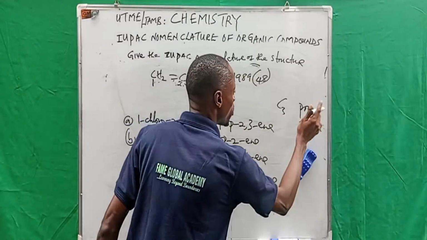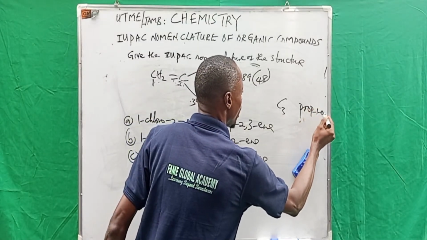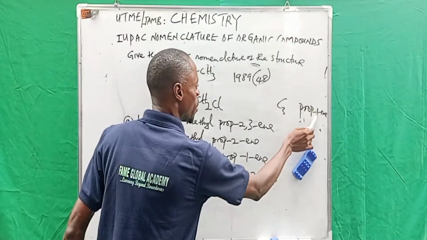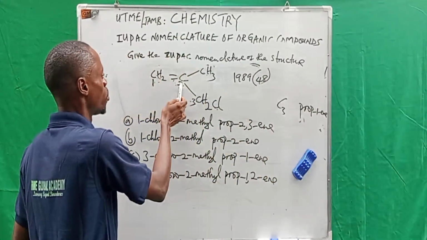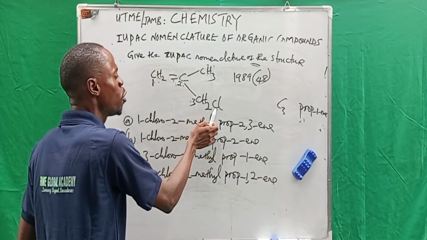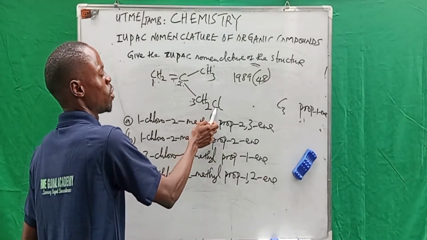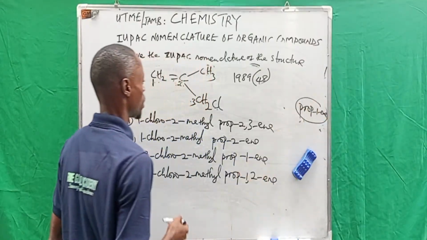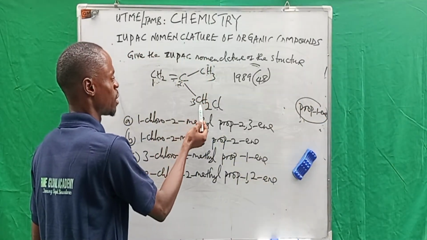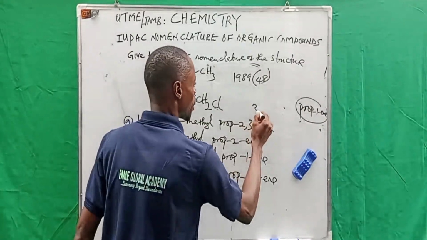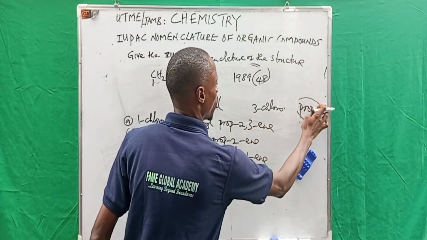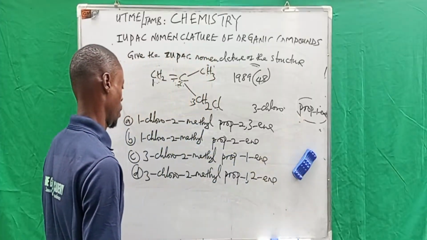So it will end with prop-1-ene. But you must name the substituent first before you now complete this naming. What does that mean? At carbon atom 3, there's a what? Chloro. That's a 3-chloro before you now name prop-1-ene.